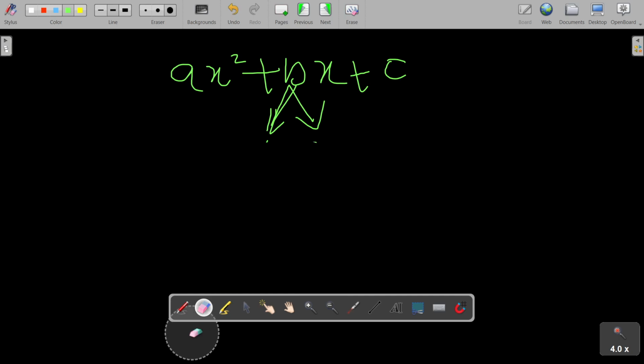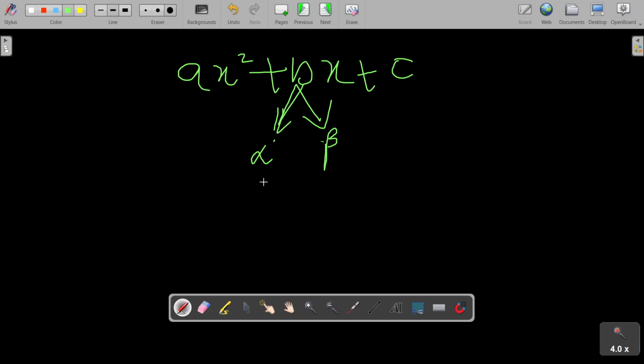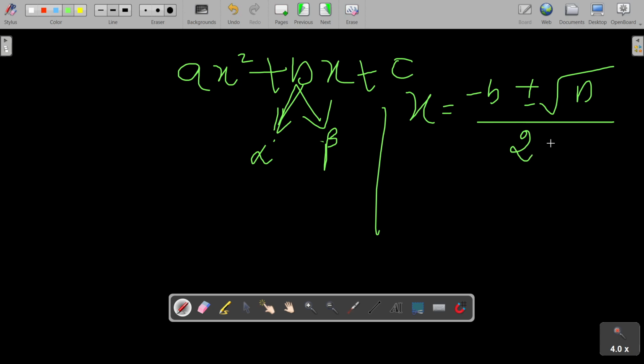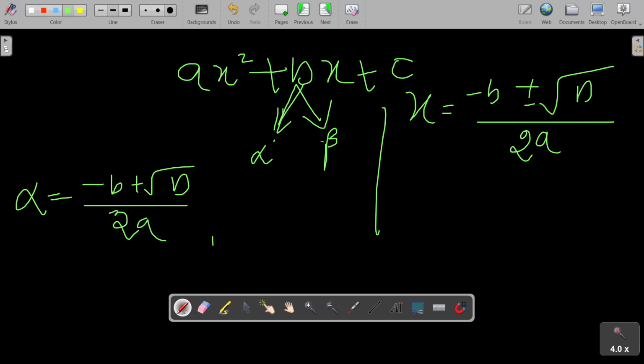We also know that the values of x are minus b plus minus root d over 2a. So let's say alpha is minus b plus root d over 2a, and beta is minus b minus root d over 2a. This is d.